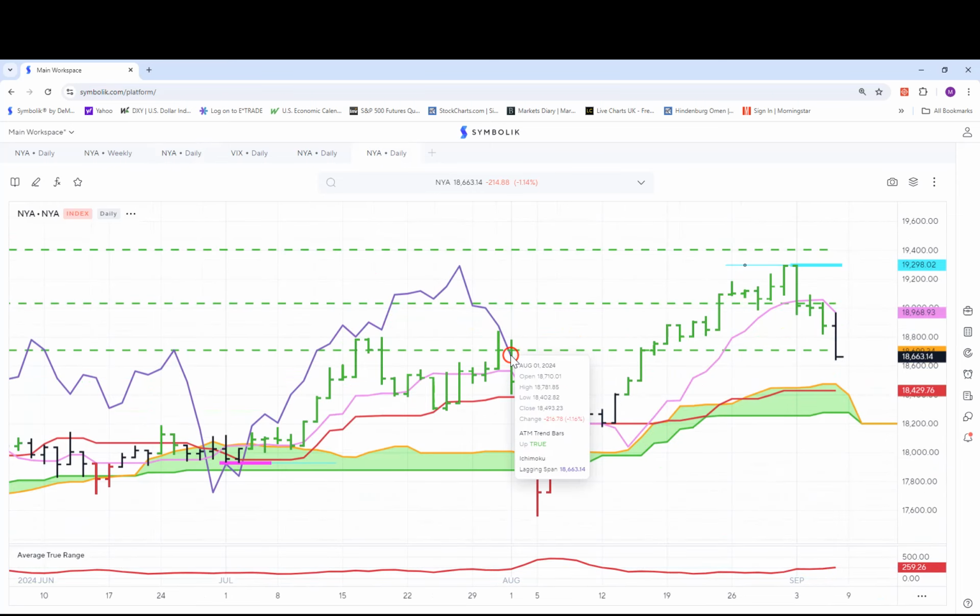And on Monday the 9th, the lagging line or lagging span has one chance to nail the baseline at that level, 18,385.17, just about the same as the baseline for current price. So one day it could bounce off of there.